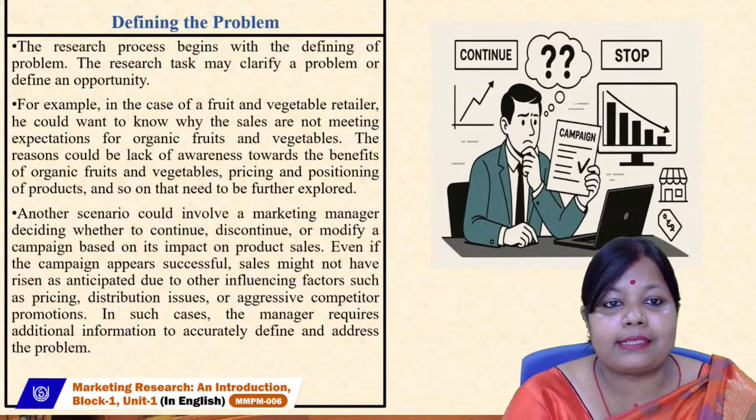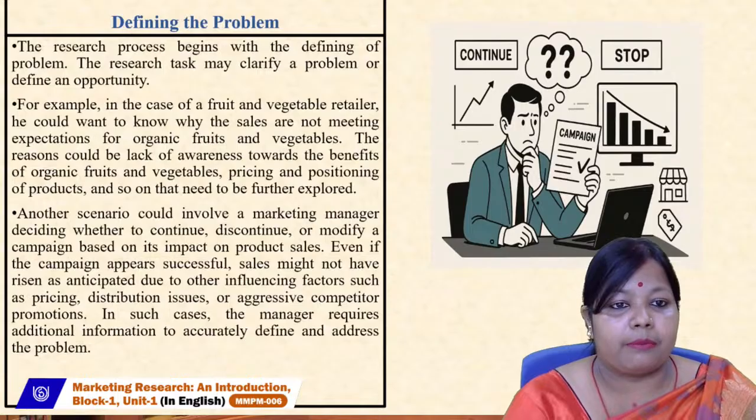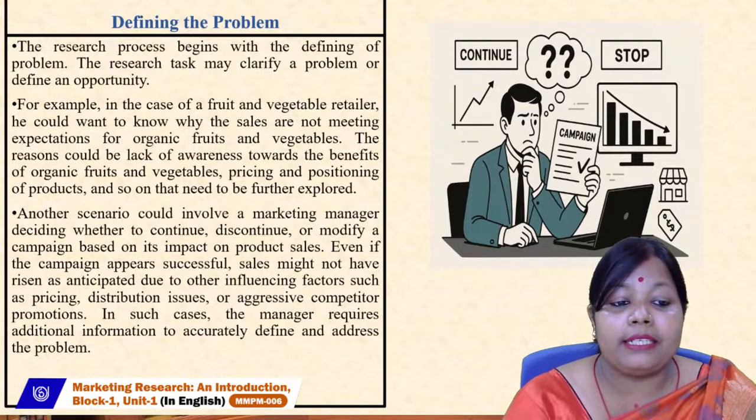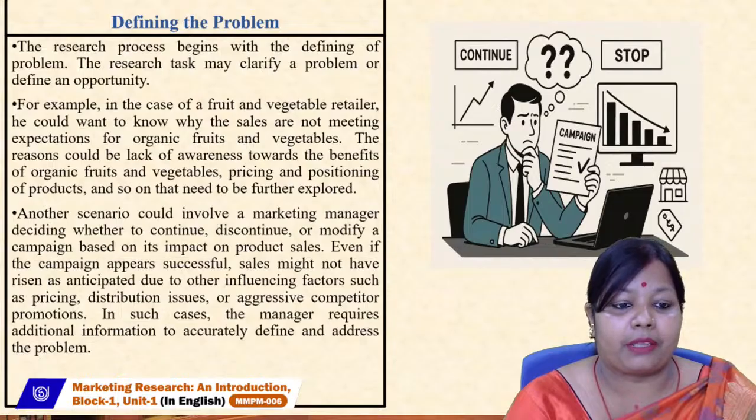So, in this case, what are the possible reasons we have discussed? This may be the reason, but before assuming which one is actually impacting the sales of these organic fruits and vegetables, the manager needs to inquire and find out what the exact reason is.